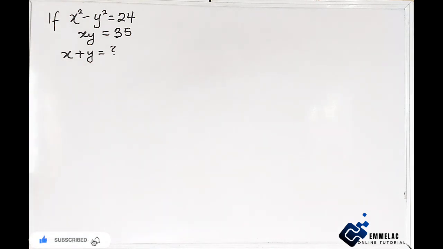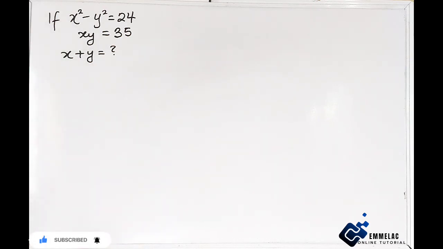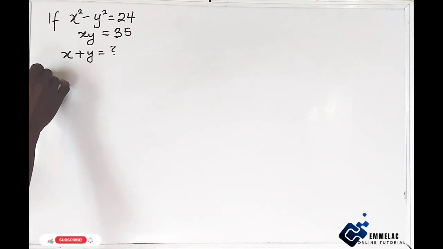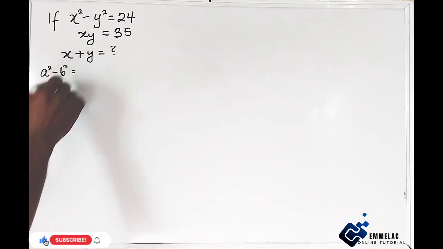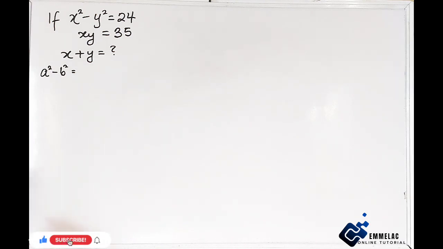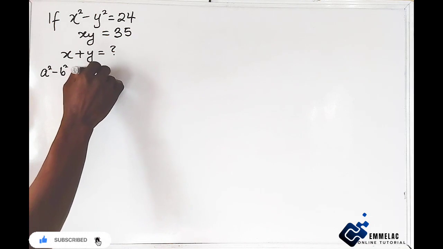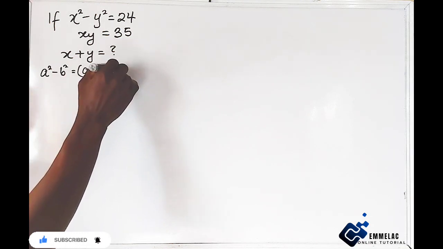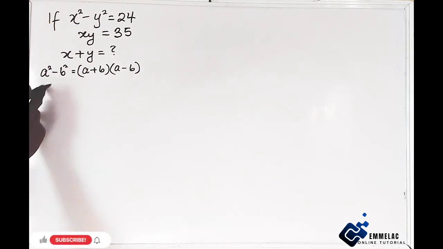Now first of all, let us simplify this first expression. Let us recall that a raised to the power of 2 minus b raised to the power of 2, according to the rule of algebraic expansion, will give us a plus b into a minus b, which is also called the difference of two squares.